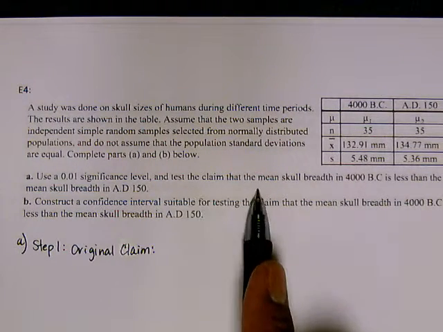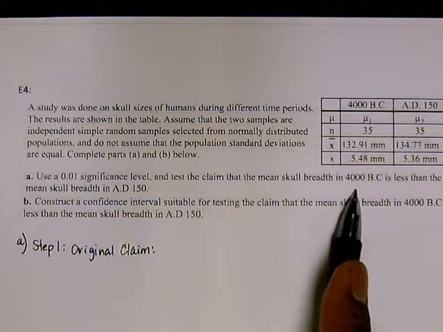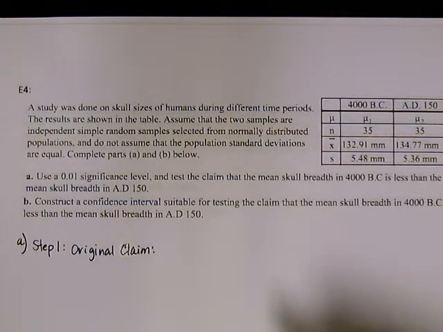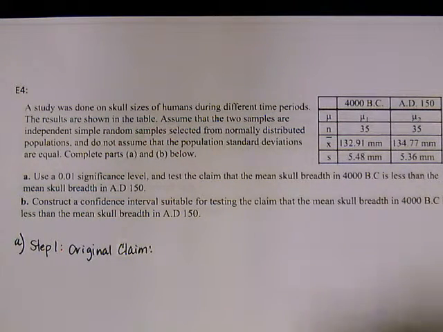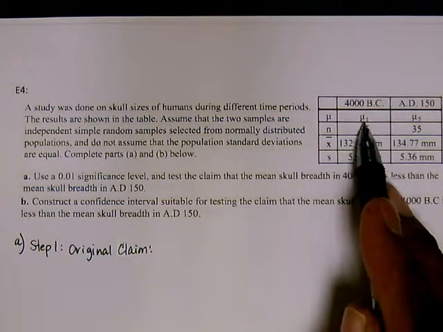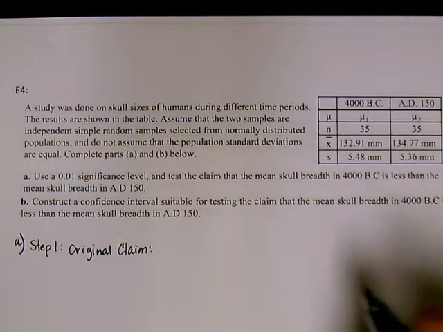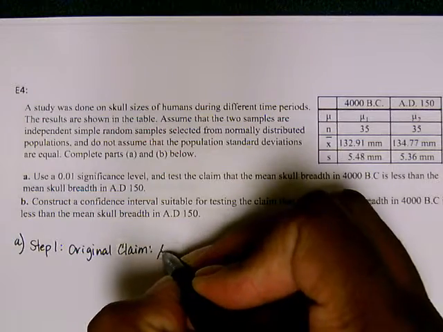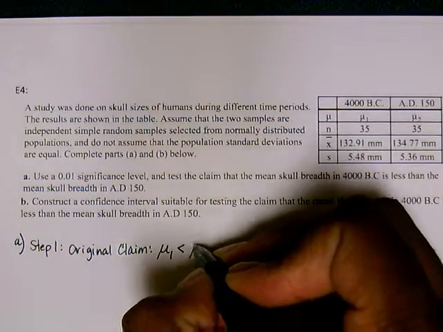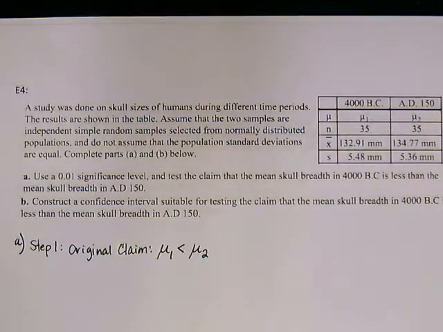It says here that the mean skull breadth in 400 BC is less than the mean skull breadth in AD 150. Since mu sub 1 is the 400 BC, mu sub 2 is AD 150, we can say mu sub 1 is less than mu sub 2.